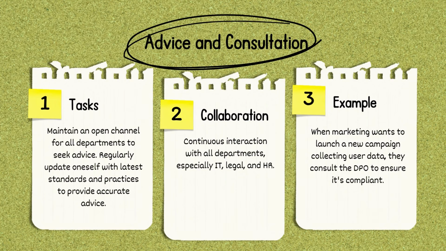Example, when someone from the departments wants to consult you, in this case, a marketing department wants to launch a new campaign collecting users' data. In that case, they need to consult you to ensure it is compliant, right?